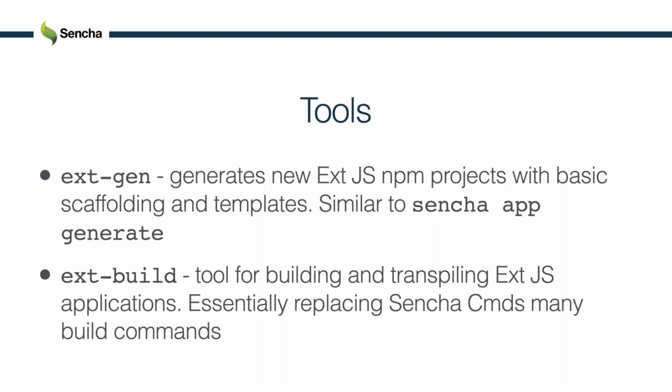It mirrors the Sencha app generate command that you're probably familiar with, and that gets us started with our project. This command, X-gen, also has the migrate tool, which we'll demonstrate later on. So that's the first one, maybe the main one.